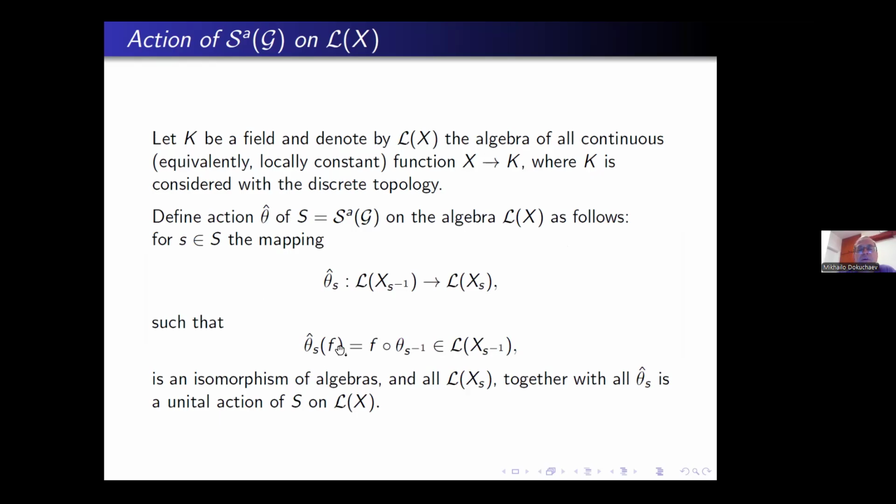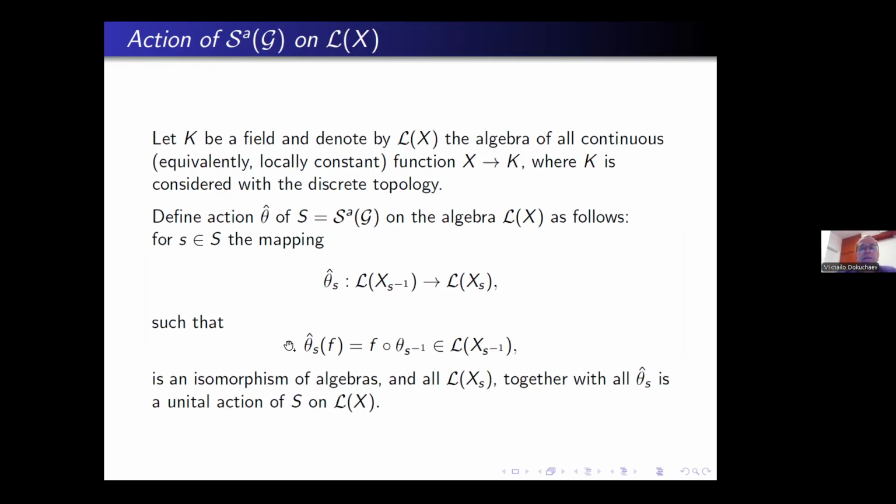So you take a function f, a locally constant function defined on X sub S inverse, and you want to get a function which would be defined on X sub S. So what you do, you take theta S inverse, which will map X sub S to X sub S inverse, and then apply this very natural and usual definition which shows up, right?